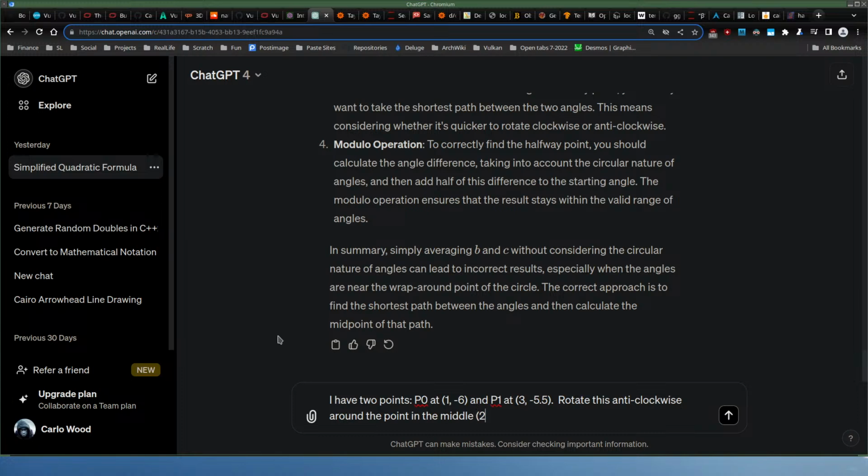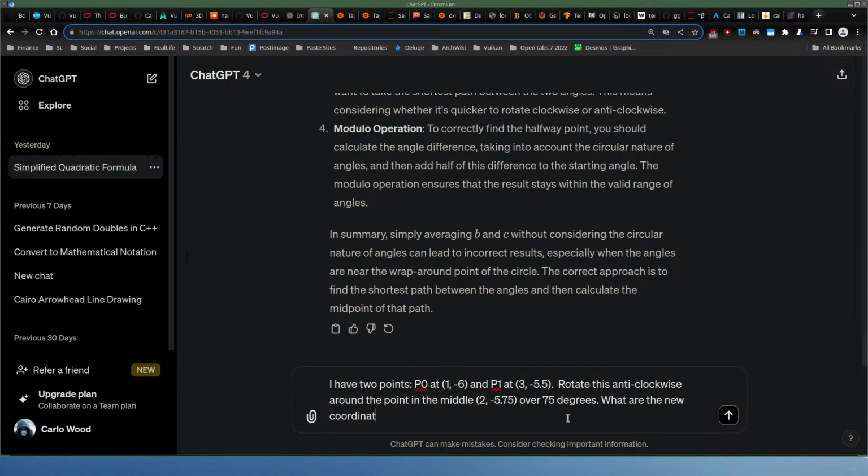Well, I can do that for it. Can I do that? Oh, no, I'm suddenly not so sure anymore. That must be minus 5.75. Yep. Over 75 degrees. What are the new coordinates of P0 and P1?